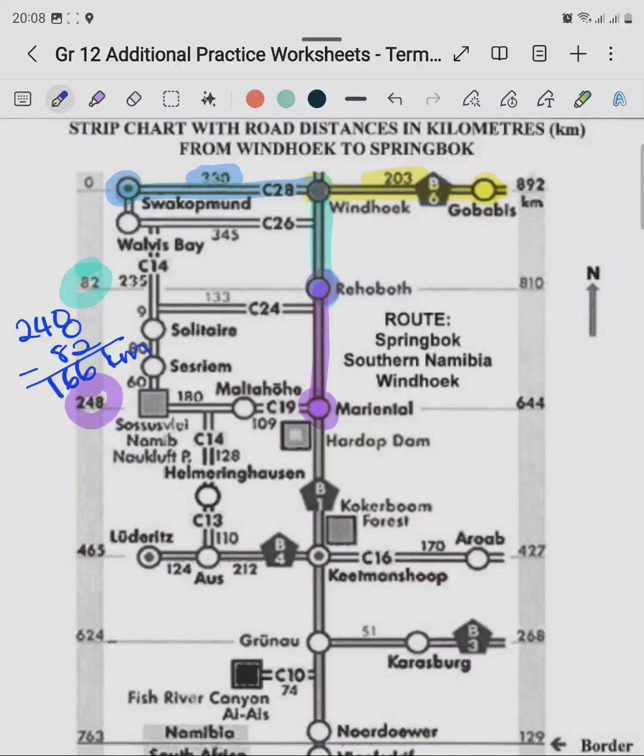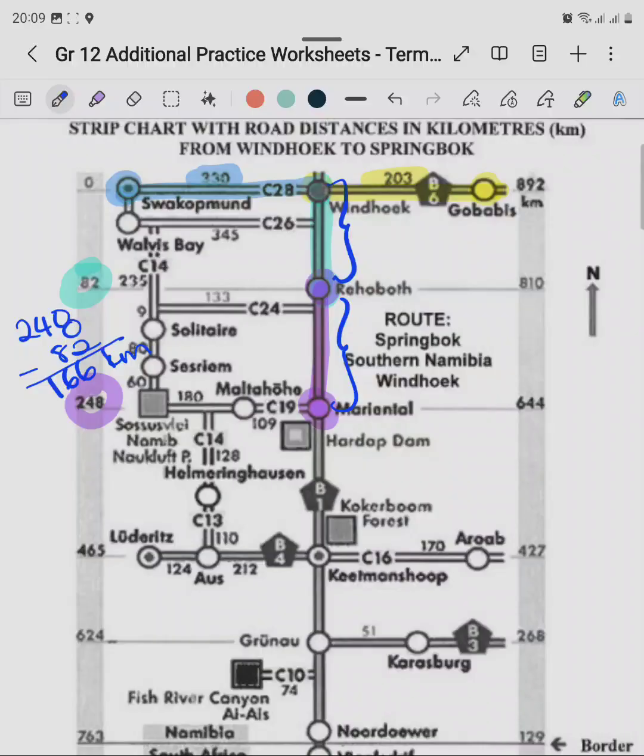Even though on the map those distances do not look like they're that great. We've got an 82 versus 166, so it's almost double the distance, but you can see the actual map spacing is different. So strip charts are not drawn to scale in the same way that a road map would be.